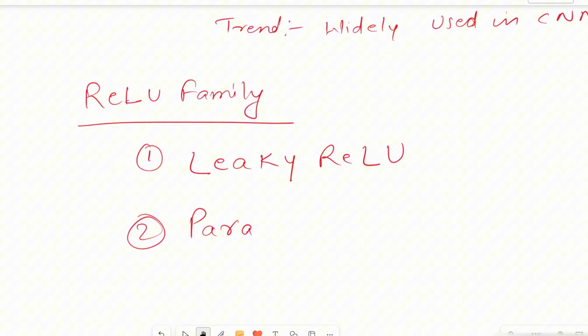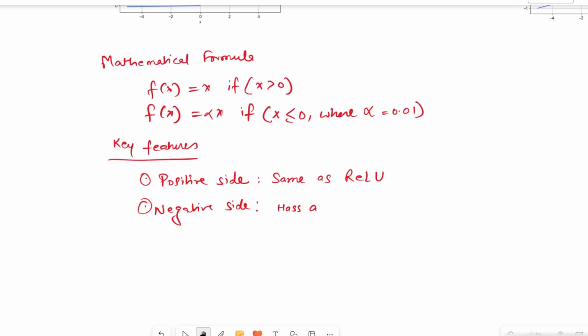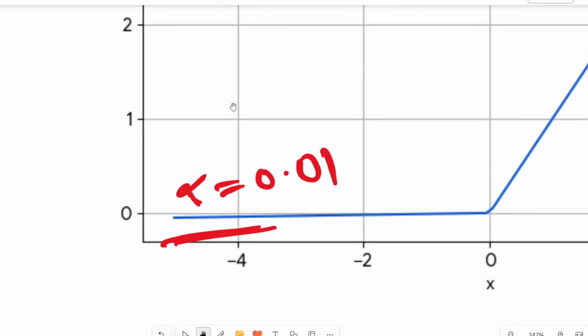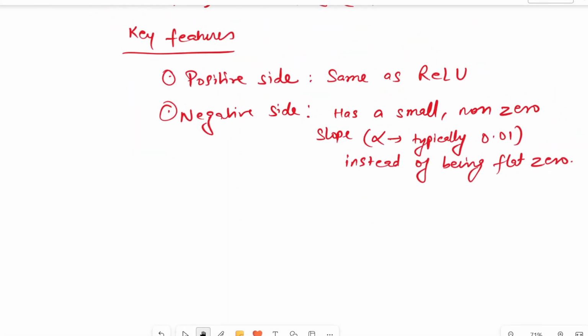Now let's see leaky ReLU. Instead of completely killing negative inputs, it gives them a tiny slope, usually 0.01. So if your input is positive, the output will be the same number as in ReLU. But if it is negative, instead of 0, you will get some small negative number.